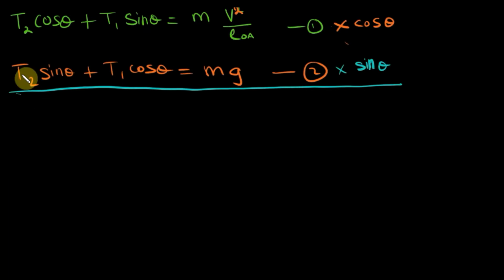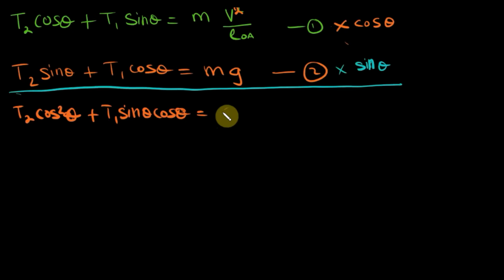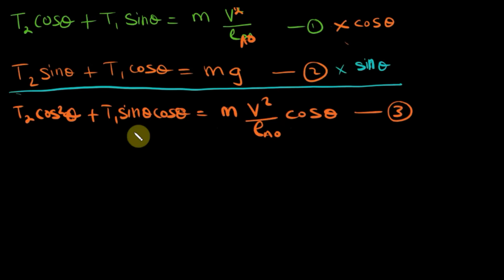Equation 1 becomes T2 cos squared theta plus T1 sin theta cos theta is equal to mv squared over LAO cos theta. So this becomes equation 3.